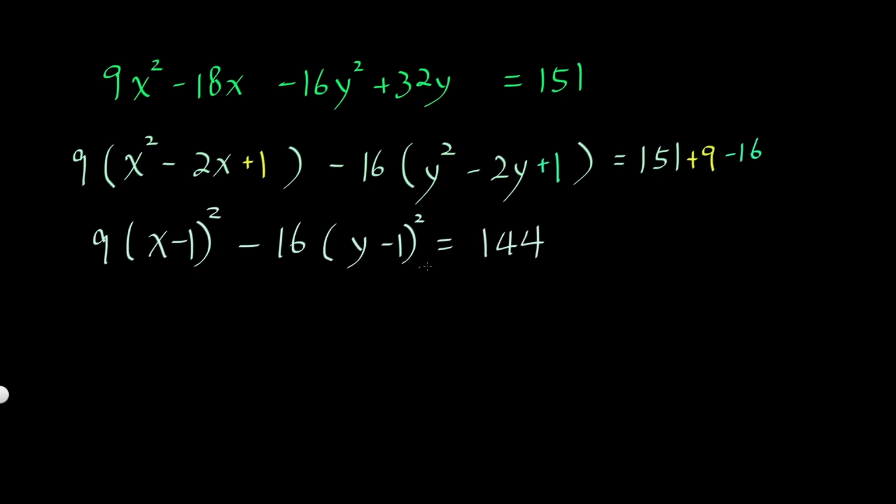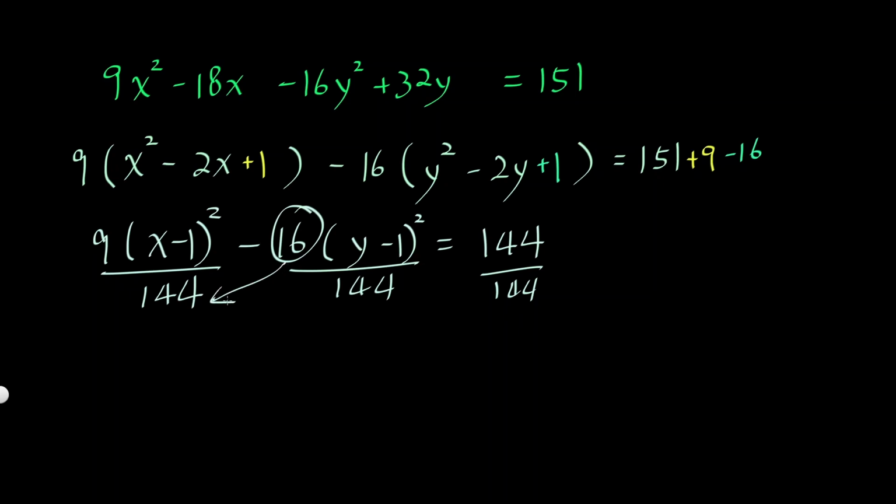Okay, now again, I need to divide it by 144 to make it 1. So 144 everywhere. Not all the time, but most of the time, that number will become that denominator, and that number will become that denominator. You could check it: 144 divided by 9 will get you 16.